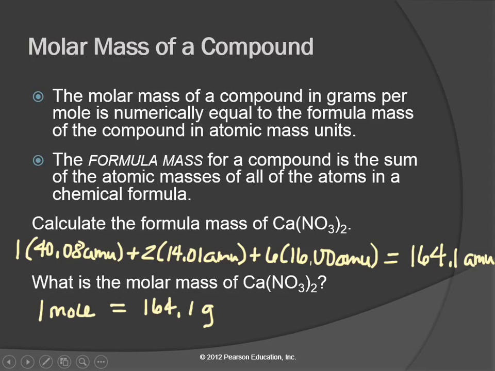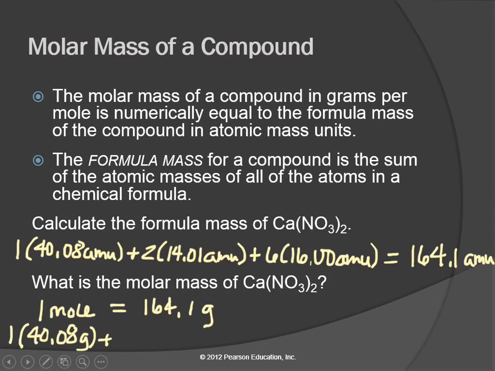Now, what if you just had this question and you didn't have this other question first? What would you do? Well, you would look at the formula and you would say, okay, in 1 mole of that compound, how many moles of calcium atoms? 1. What's the mass of 1 mole of calcium? 40.08 grams.